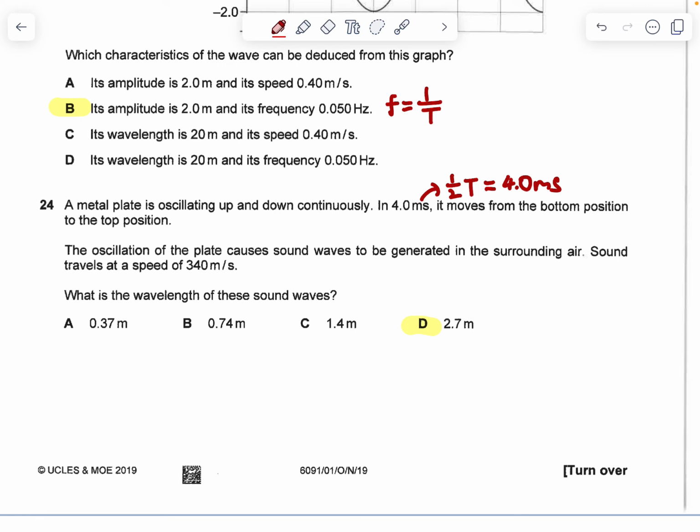That's one period. The oscillation of the plate causes a sound wave to be generated in the surrounding air. Sound travels at a speed of 340 meters per second, v. Now they ask, what is the wavelength? So since we've got the period, f equals 1 over T, you can find the frequency. You can substitute into the formula, v equals f lambda.